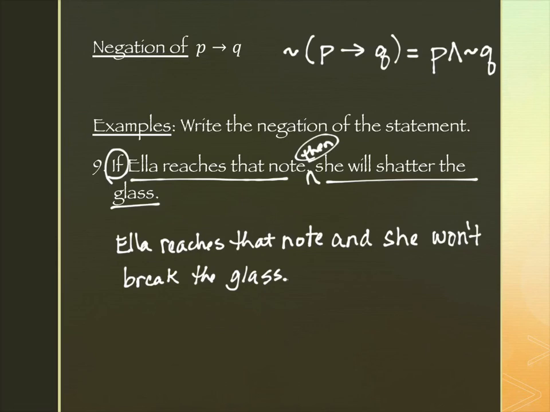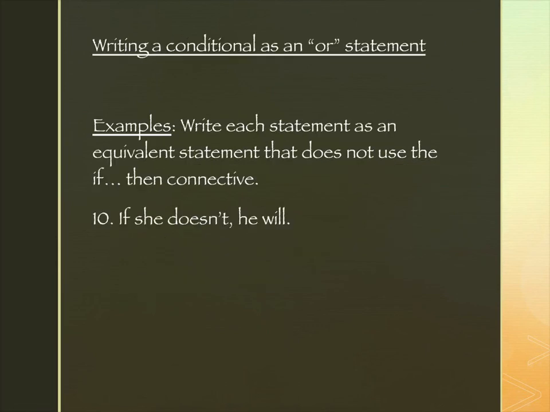But we also have the ability to take an implication and rewrite it as an or statement. So our P arrows Q actually has the ability to also be rewritten with the word or between them. And it looks like this: tilde P or Q. So let's just think about Ella for a moment.